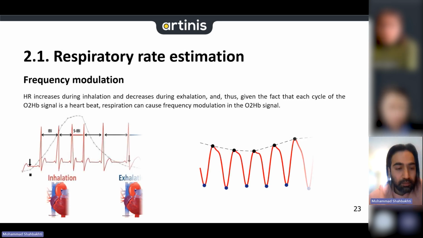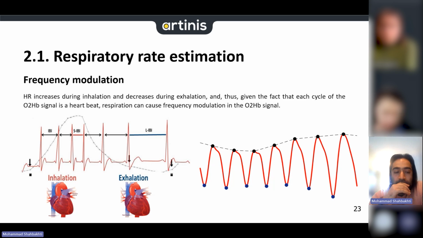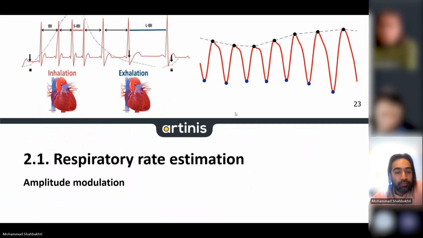Here you can see an example: during inhalation, heart rate is increasing, and during exhalation, heart rate is decreasing. So the distance between two peaks of the cardiac cycles can be a good indicator for us.